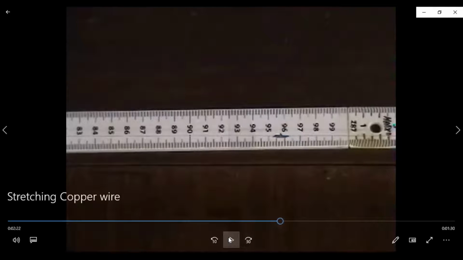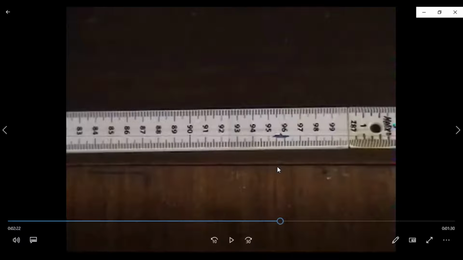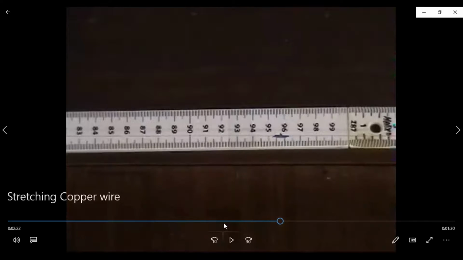So you keep on adding the incremental loading, and you can see the blue color mark has shifted from this point till here. All right, but there will be some elastic limit, so certain loading which this wire can bear. Beyond that, this wire will break. That's what is going to happen subsequently in the experimentation. So let's have a look.